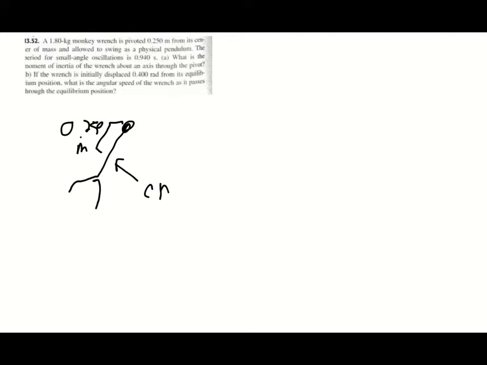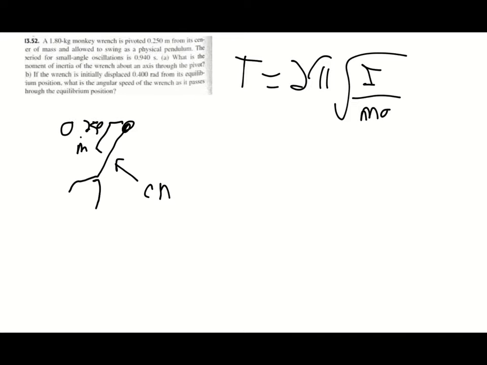So they want to know the moment of inertia. Well, the equation for a physical pendulum is T equals 2 pi square root of I over mgx, where x is the distance from the center of mass to the pivot point. So I'm looking for I, so I'm going to square both sides.